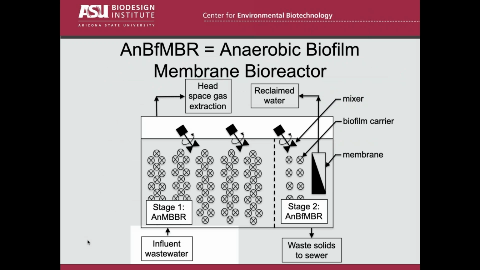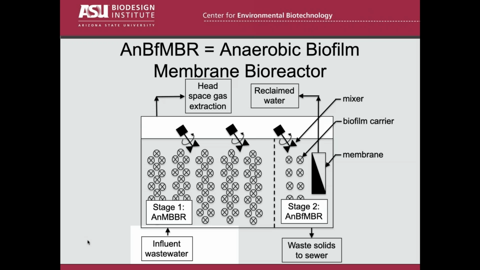And that's because we now have anaerobic membrane bioreactors, and more specifically, I'm going to talk about the anaerobic biofilm membrane bioreactors. And here's a simple schematic of what it looks like. The key thing is you've got a closed anaerobic reactor, and you can see off to the right, you've got the membrane. So we'll get the usual membrane separations and the solids-free effluent.